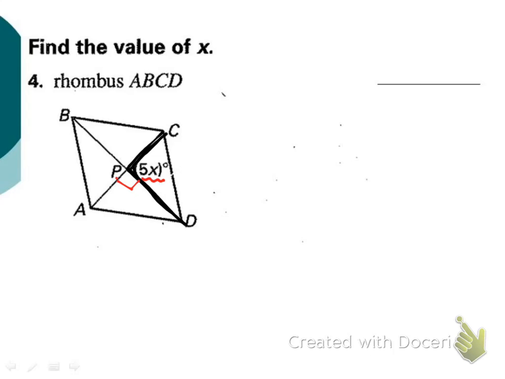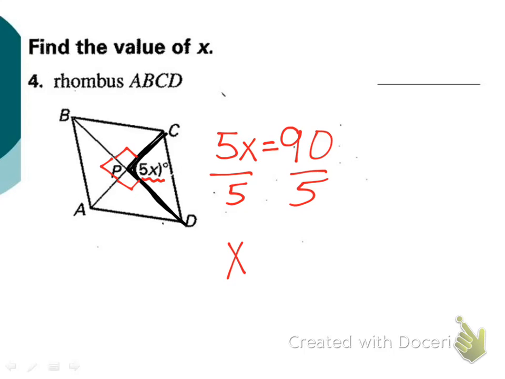So all of these angles are right angles. So we can set 5x equal to what? What's the measure of a right angle? 90. And then we can solve for x. How do I solve for x? Divide both sides by 5. That gives us 18. Very good.